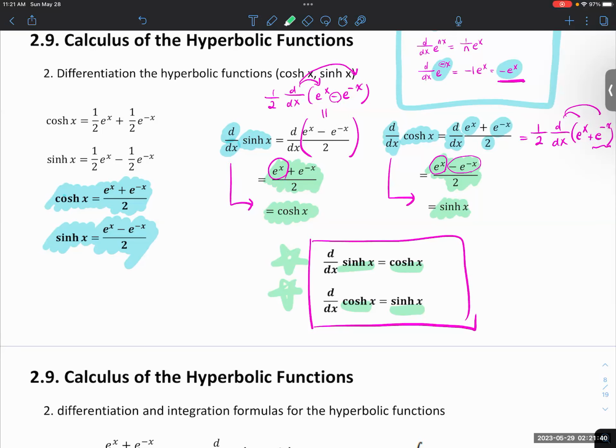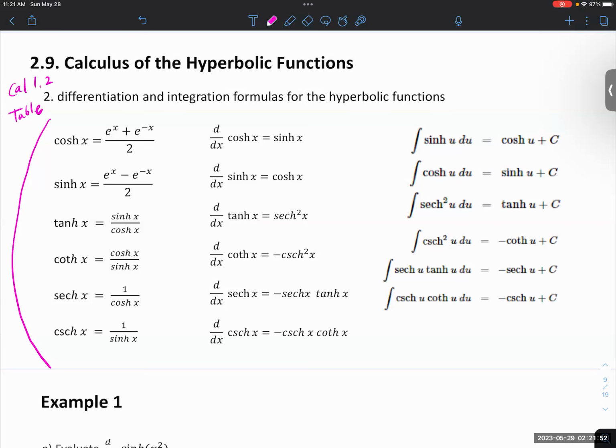So this is all the information you can find in both the calculus 1 and 2 tables. If you go to the differentiation and integral table, you can find the information. But again, we're going to focus on the quotient side. So the hyperbolic function looks like this. We just proved that. Take the derivative of cosh, we got sinh.